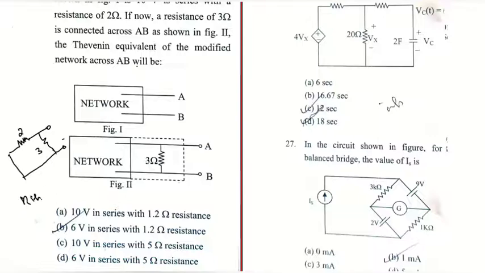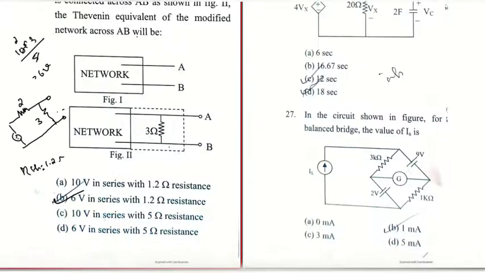So our RTH is equal to 1.2 ohm. Now we have to find our VTH, that is the voltage drop across the 3 ohm. Applying the voltage division principle, it will be 10 into 3 divided by 3 plus 2, that is 5, which is 6 volt. So we get a 6 volt source in series with 1.2 ohm resistance. Okay, thank you. Let's move on to the next question.